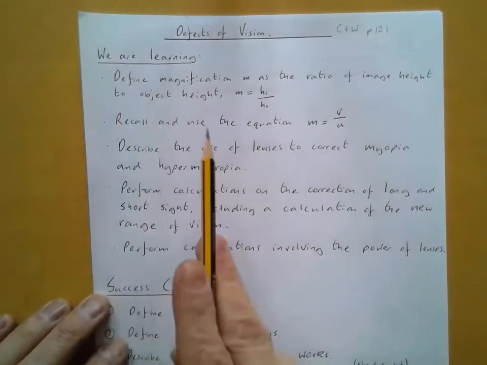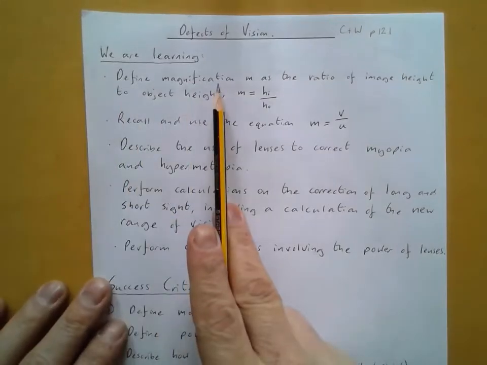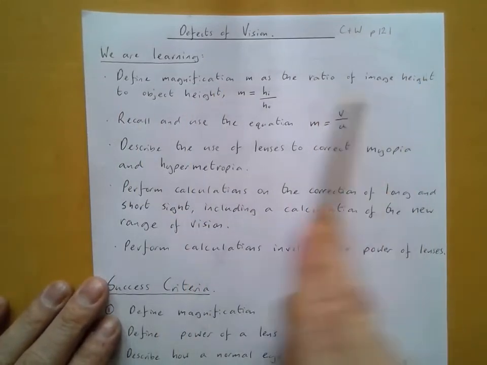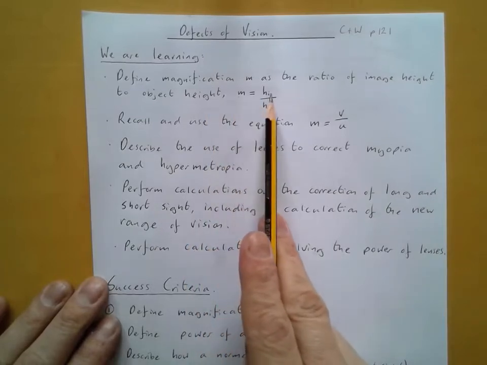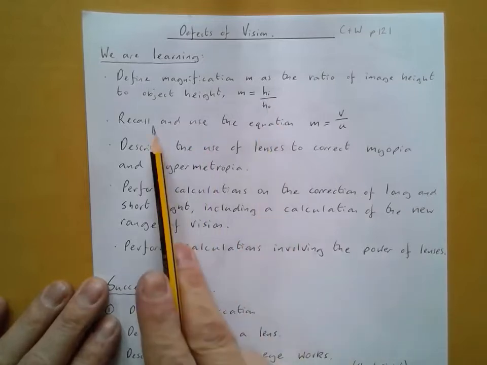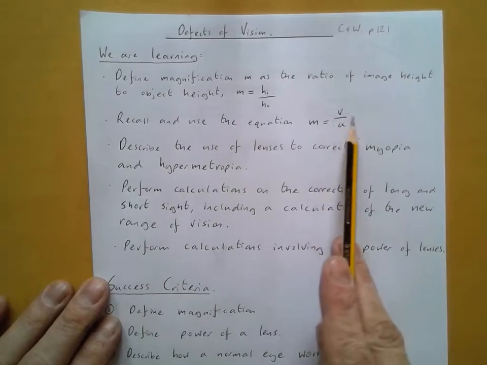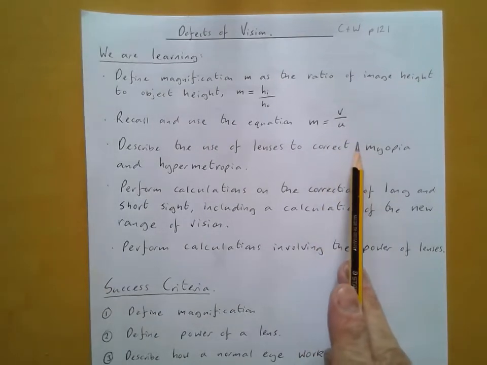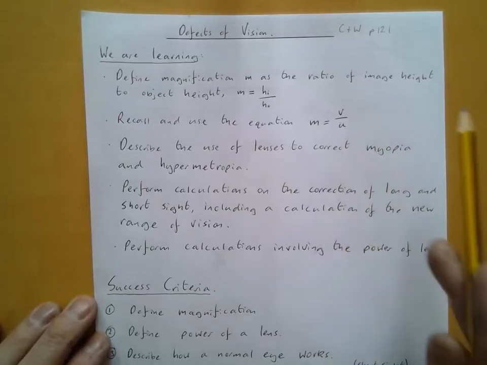Right, the learning objectives in this lesson are to define what we mean by magnification as the ratio of image height to object height: M for magnification equals HI over HO, image height over object height. And also to recall and use the equation M equals V over U, where V and U are image distance and object distance respectively.